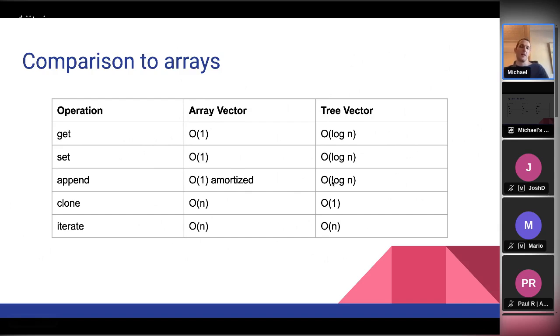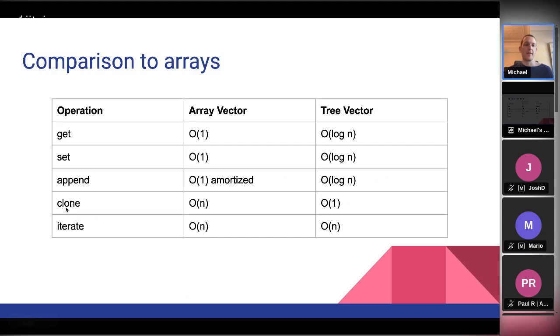They end up being fairly similar. In an array, like a Vec in Rust, you can append to the list in O(1) amortized time, because most of the time you get to just push into spare capacity, and then sometimes you have to double the capacity of the list. That's a very standard thing that vectors do, but we have to pay O(log n) every time.